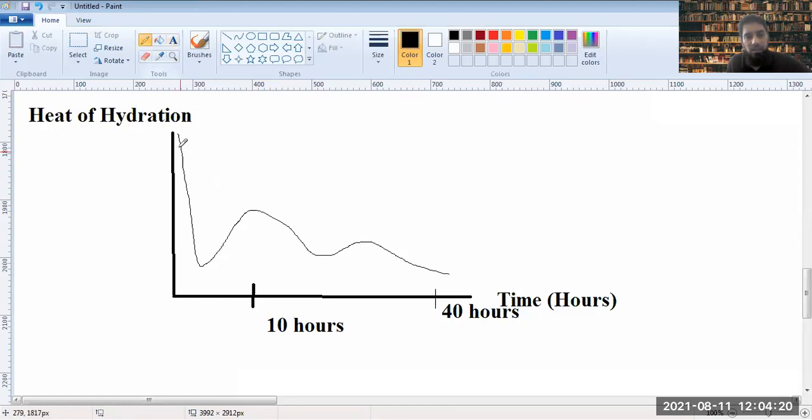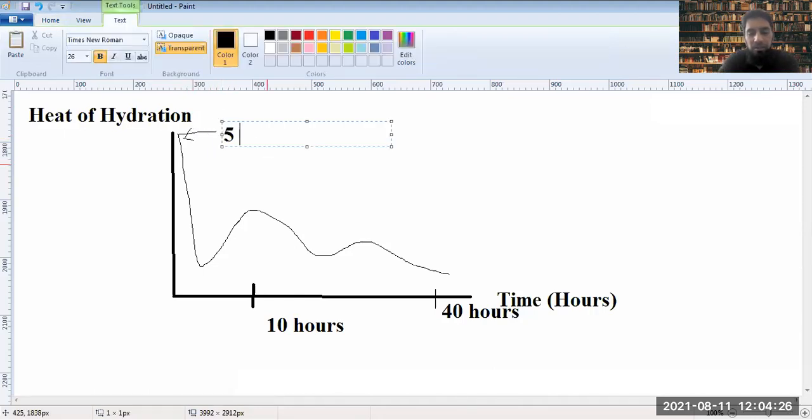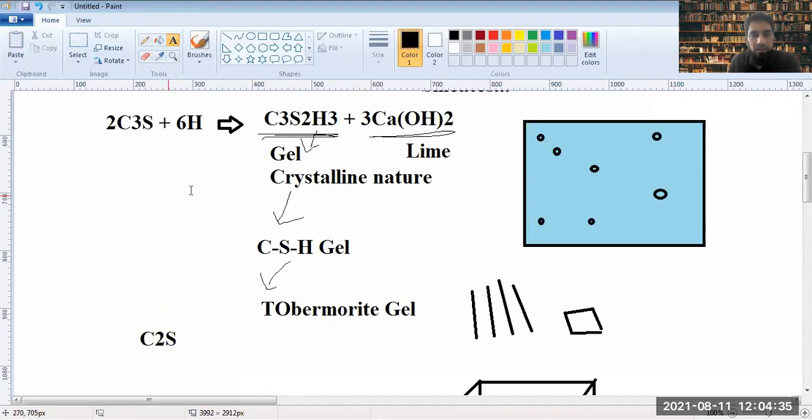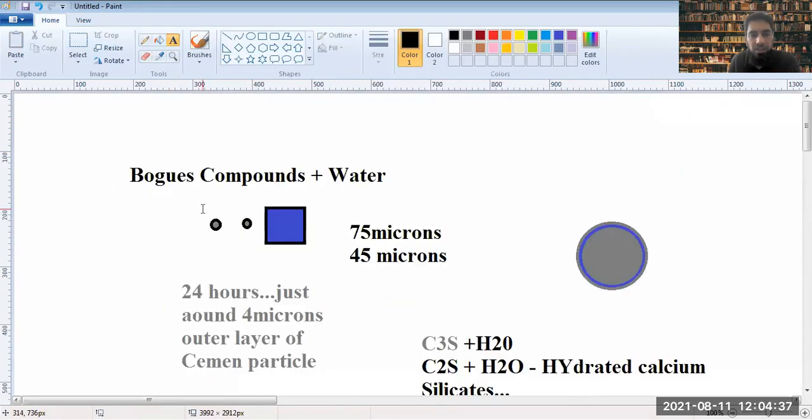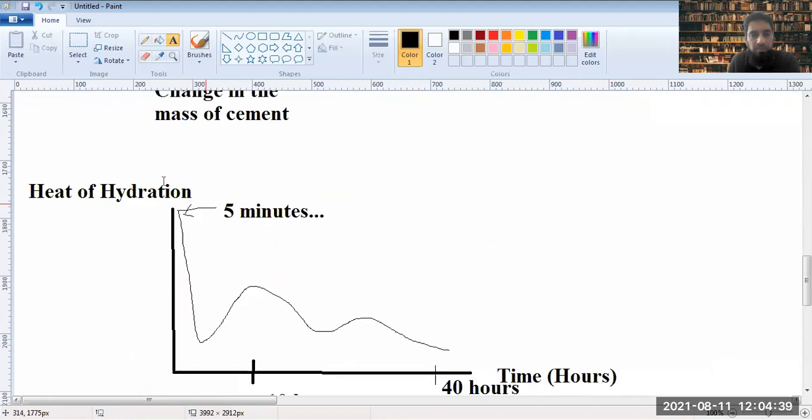So initially, a lot of heat is generated just within the first 5 minutes. This is the first 5 minutes. A lot of heat is generated. And this is due to the reaction of the third compound, which I did not discuss yet. One was C3S, other was C2S. What was the third one? Anyone?